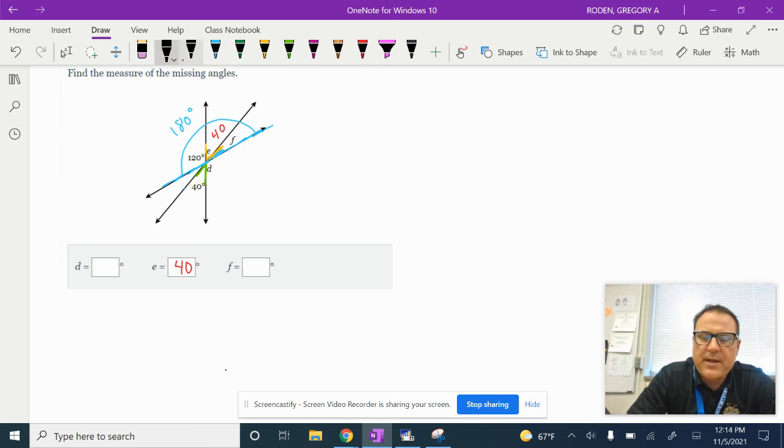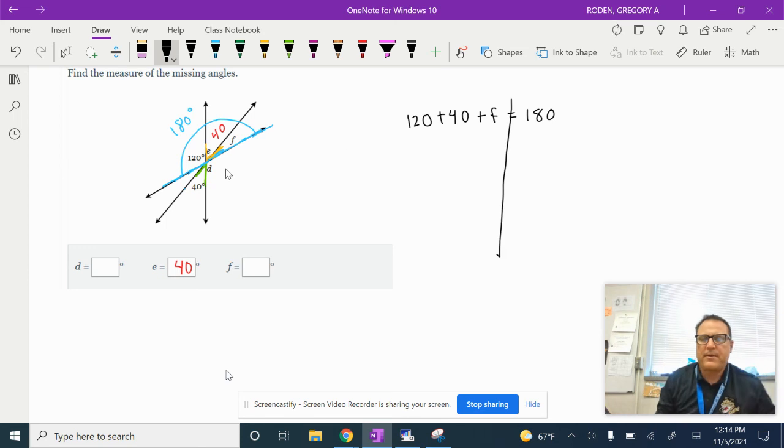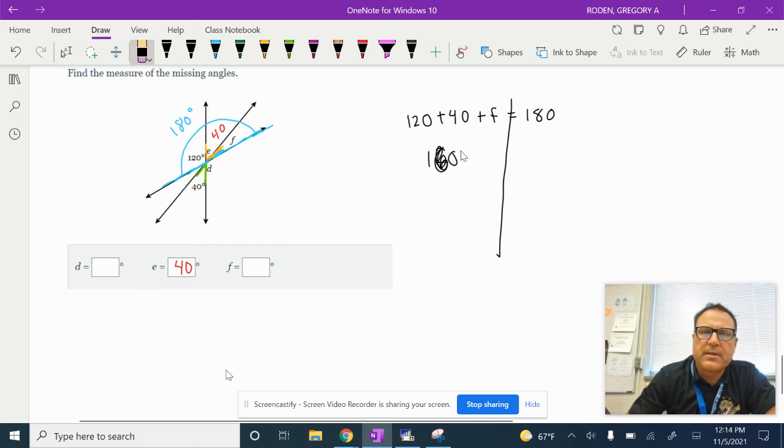So how can I figure that out? Well, I'm going to take 120 plus 40 plus F, and then I'm going to say that's equal to 180 degrees because it makes that straight blue line right there. Now, next thing I'm going to do is add 120 plus 40. That gives me 160 degrees.